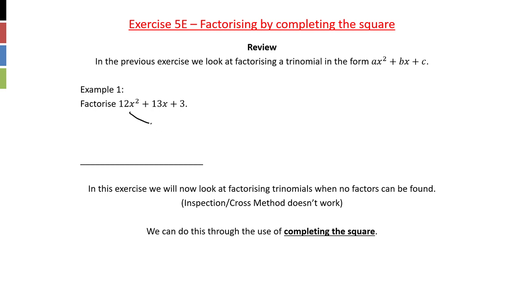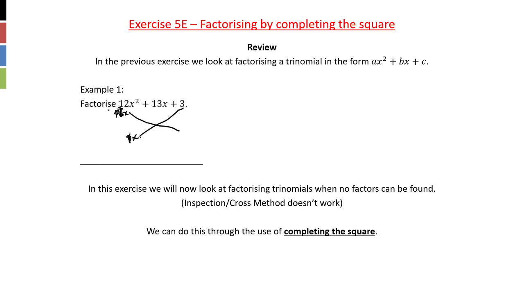So we draw our cross underneath this. We need two factors of 12, so I'm going to guess 6x and 2x, and 3 and 1. Not that. Oh no, I reckon it's going to be 12x and 1x. Right, that's not going to work either. Let's see. Hold on, I jumped the gun.